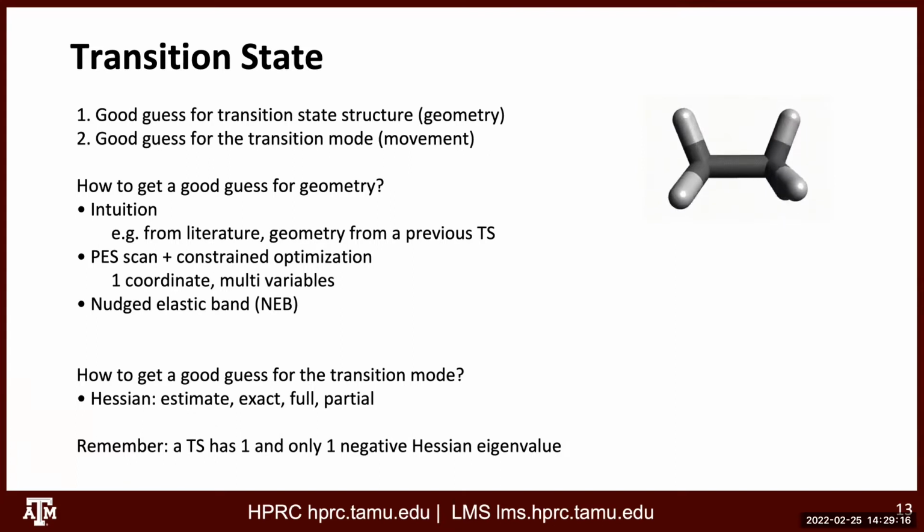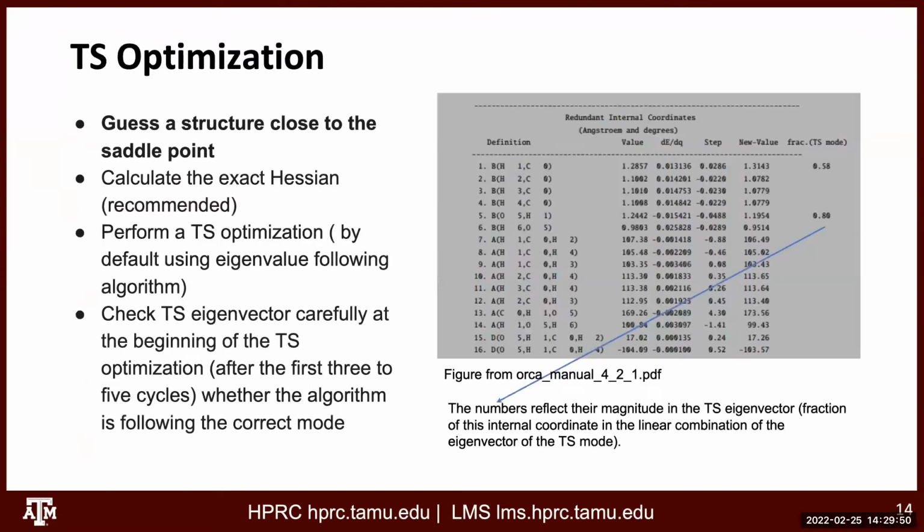By default, the program will have an estimate of the Hessian, but it's recommended that you calculate the exact Hessian at the start of the TS optimization. Then the program will have a better idea of which mode it tries to follow.